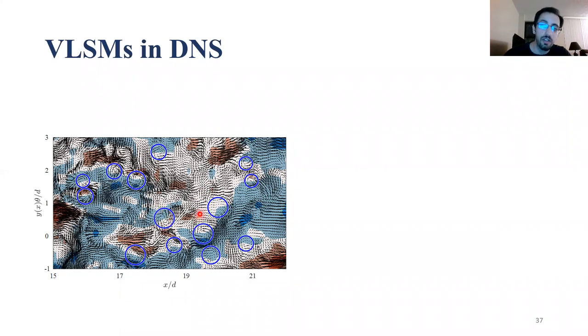As you can see, they are demarcated by these circles. You can see these circular regions in the flow field that are mainly located on the borders of the high speed regions, the red regions, and the blue regions.